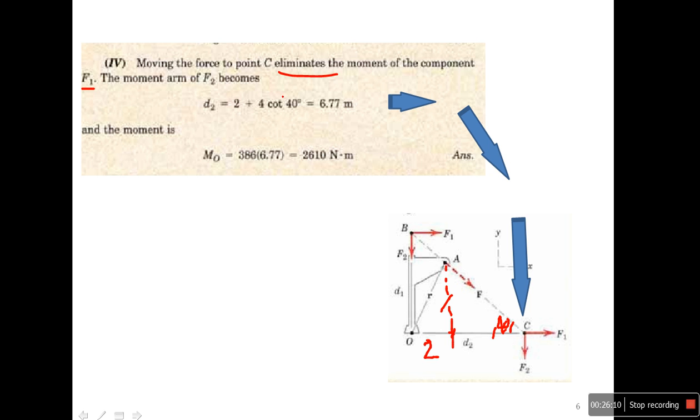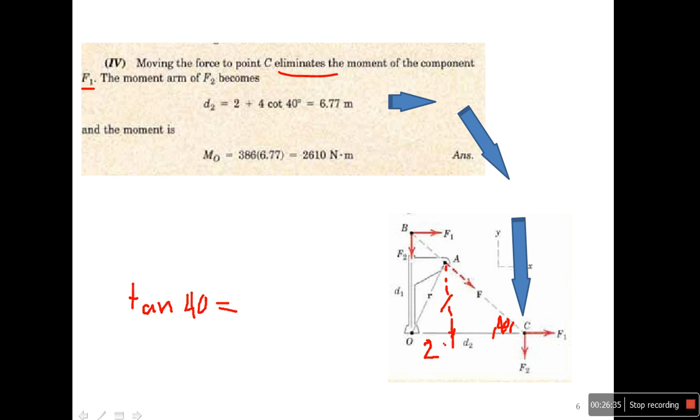Now look well, tan 40 equals, for example, let's say this is point E.